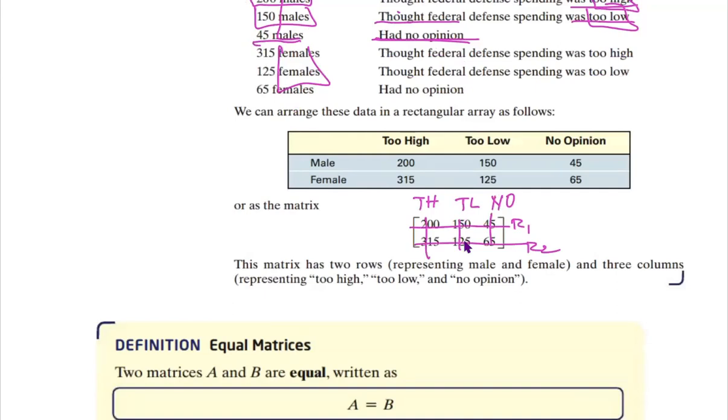So that's a matrix, right? But obviously you see it's a table where every number has a specific meaning.